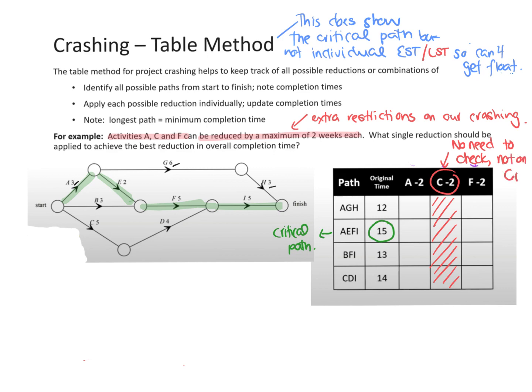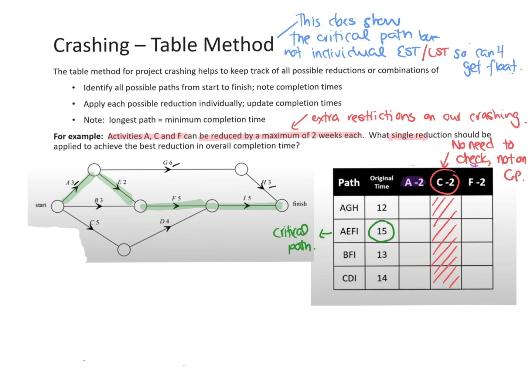I'm just writing CP for critical path. Now, this is just a single activity. In the question, it did say you're only going to do one reduction. Which one would be best? So if I look at crashing A, I'm going to crash A.